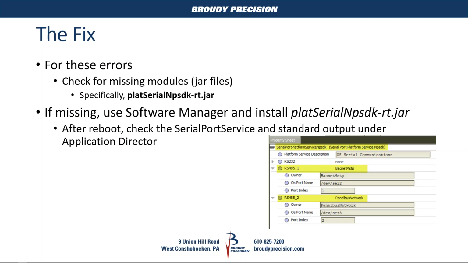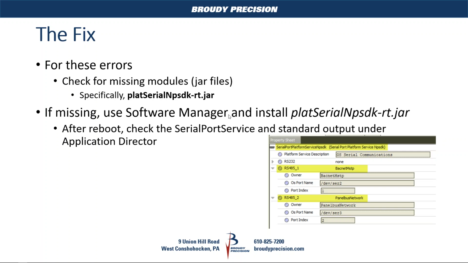The fix for that is a simple fix, but somehow in commissioning the CIPer50, the platform serial jar file is not installed. It's plat serial npsdk-rt.jar. That's the module that is missing. What you would do is go into your software manager, find that module, and tell it to install.